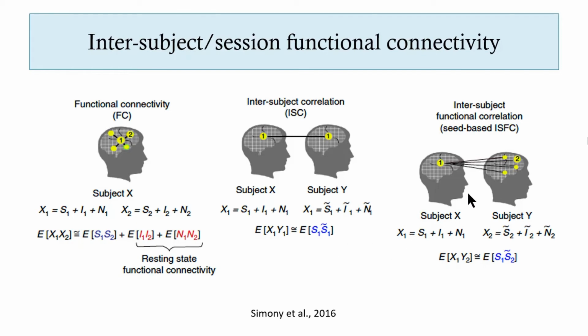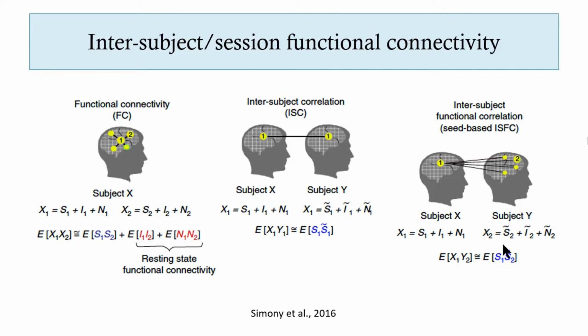To do this in a somewhat related but different way, you take a voxel or region from one brain during one session, and you correlate that signal with everywhere, including itself, from a different session, either from a different individual or from the same individual. In this case, if you look at the signal, you have an ACE1, a signal evoked by the natural stimuli. You have the spontaneous or intrinsic activity, I1.